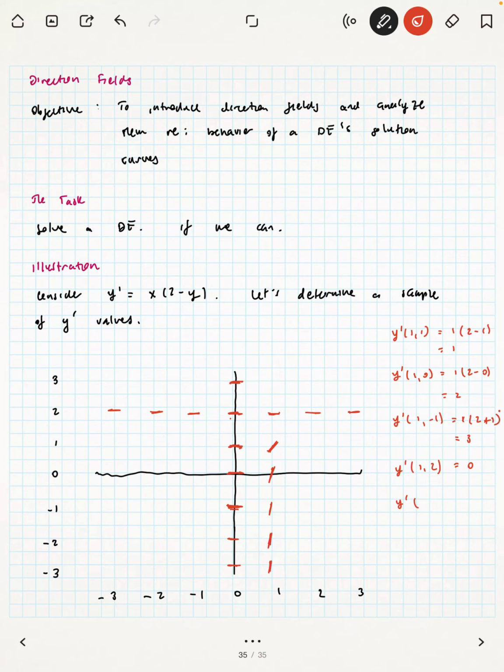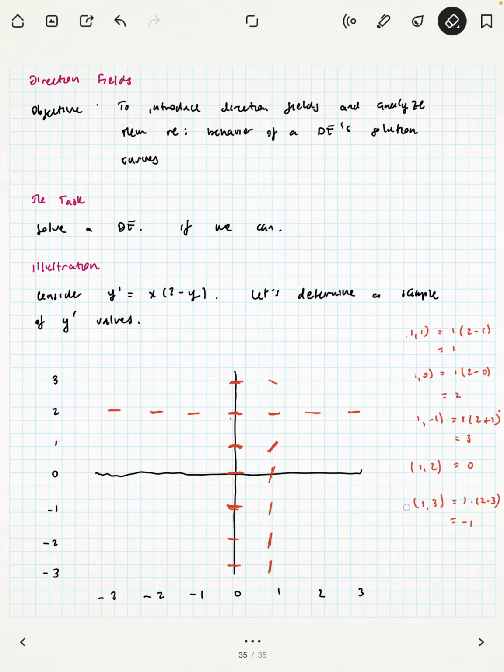What about y prime at the point (1, 3)? Well, that's going to be 1 times (2 minus 3), which is negative 1. So now it's negative. There's a reflection going on: relative to the line y equals 2, the slopes were positive below it, but negative above it, okay?